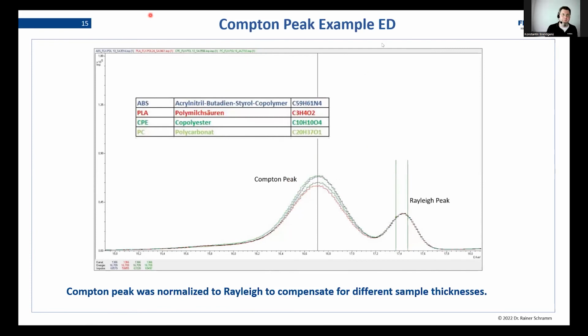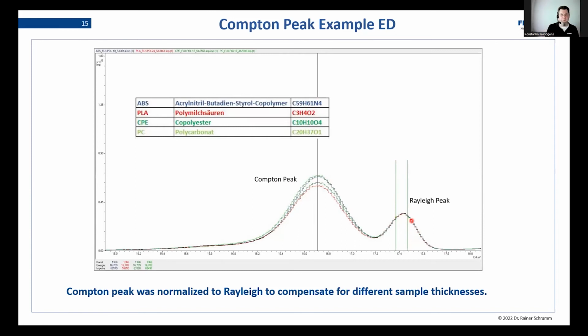A different example, this time from an energy dispersive unit. We have similar effects here. Basically, we had hot pressed pellets of different polymers, and we were looking at the Compton peak after normalizing it to Rayleigh. Keep in mind, Rayleigh doesn't change, so we did the normalization basically to compensate for thickness differences.